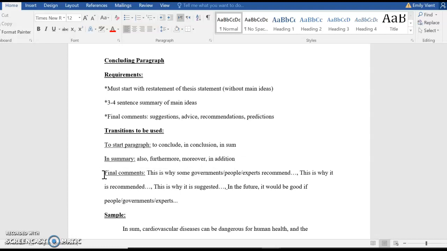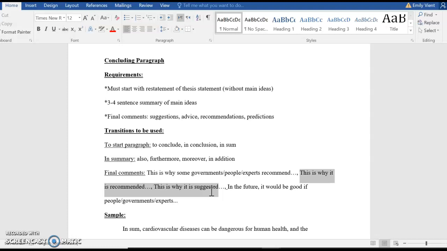For your final comments, these are some phrases you could use. This is why some governments, people, experts recommend. You could choose governments, people, or experts. This is why it is recommended. If this is your own recommendation or your own piece of advice, then you can use the passive structure here.